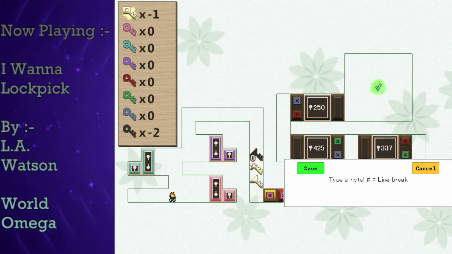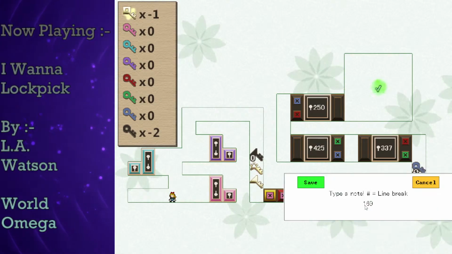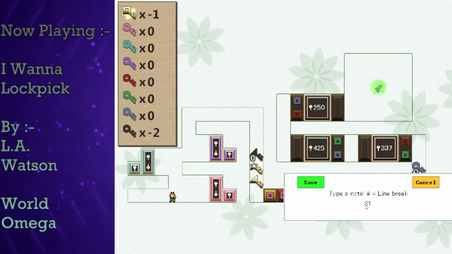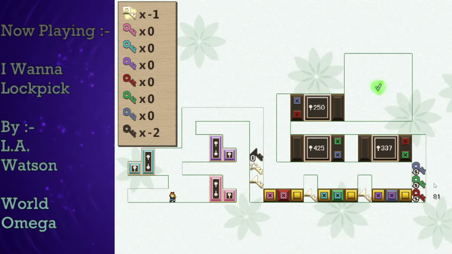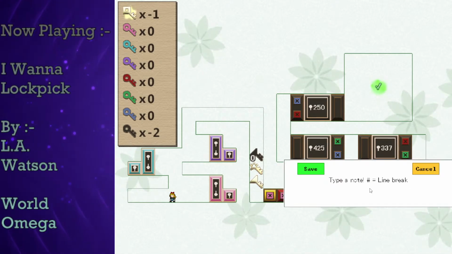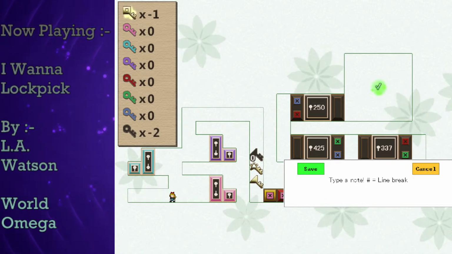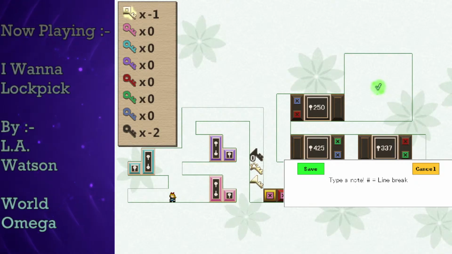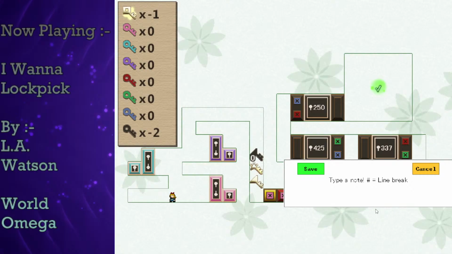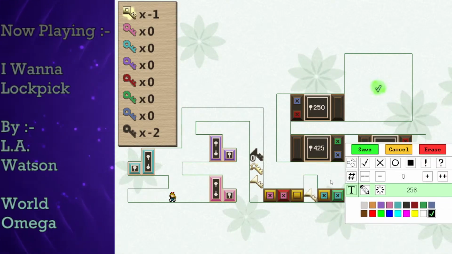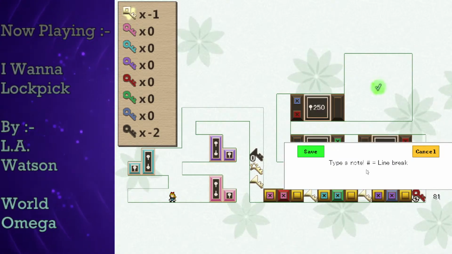Sorry, red would be 81, not 169. 81, right? Then green would be 256. And blue would obviously be 169.